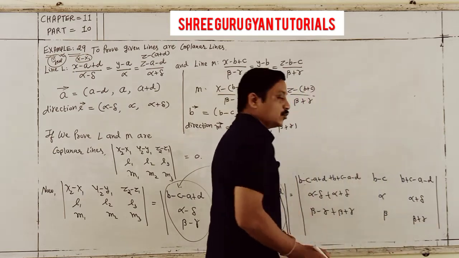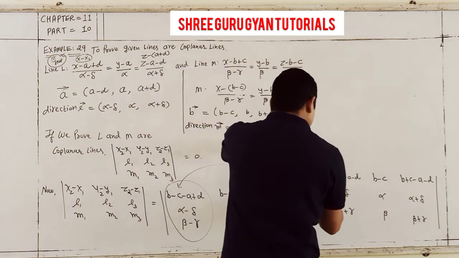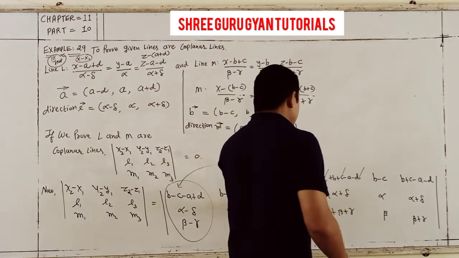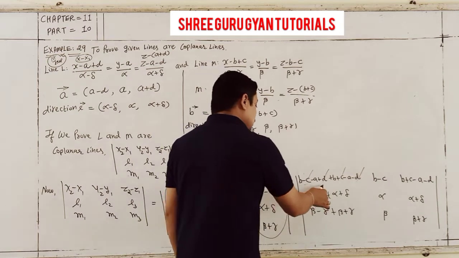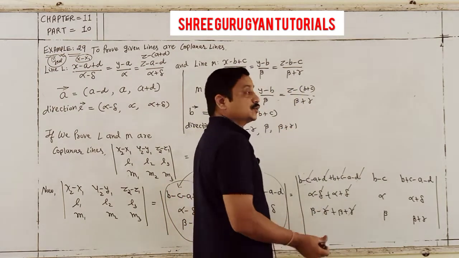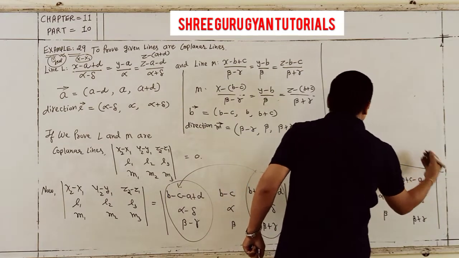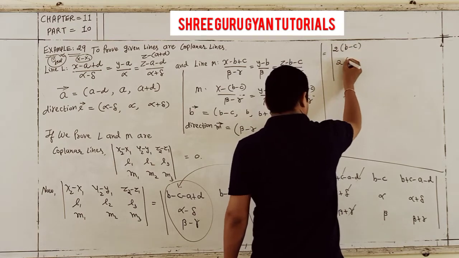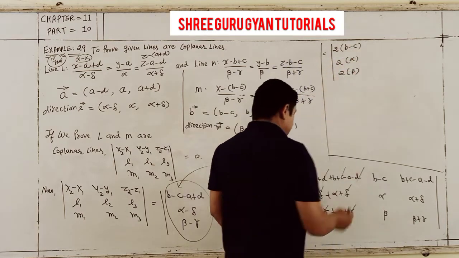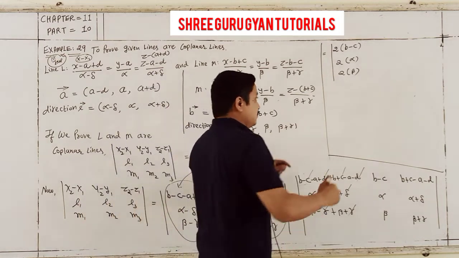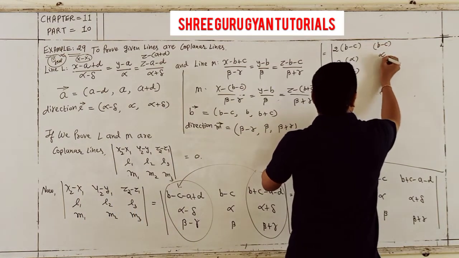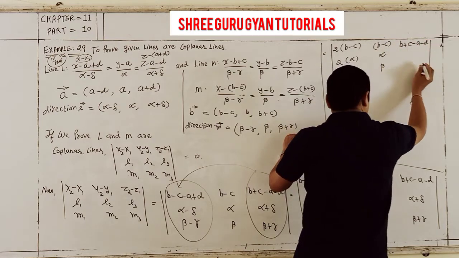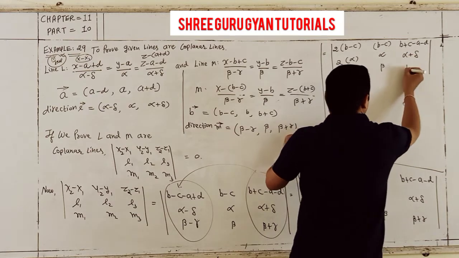Now check what remains: C cancels and D cancels, leaving B two times and A two times. Here delta is gone and gamma is gone. After that, two times B minus C, two times alpha and two times beta in those parts. The other column is the same, B minus C, alpha and beta, and the last as it is, alpha plus delta and beta plus gamma.